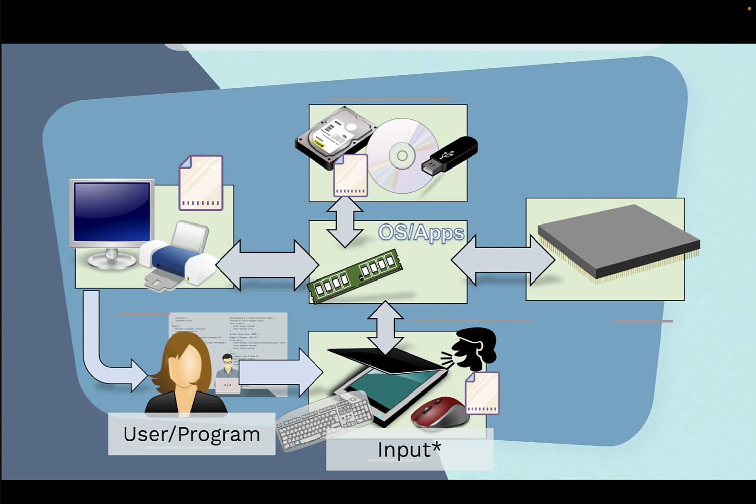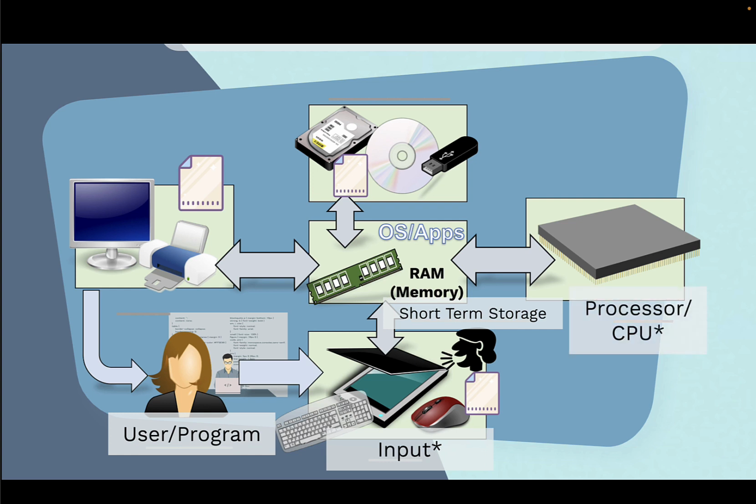That information then gets stored in short-term memory. And whatever information needs to get processed goes to the processor, or the CPU, Central Processing Unit. This is basically what I consider to be the workhorse of the system because it does a great job with calculations.